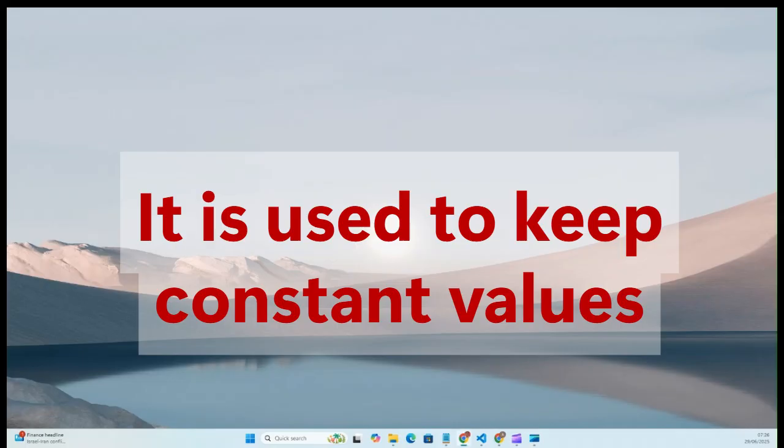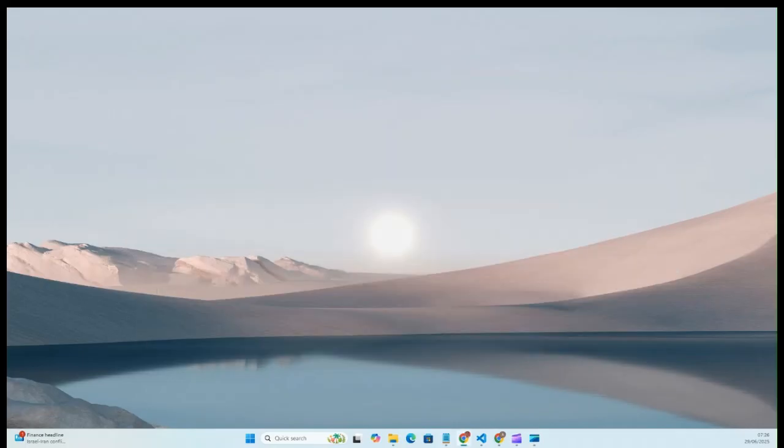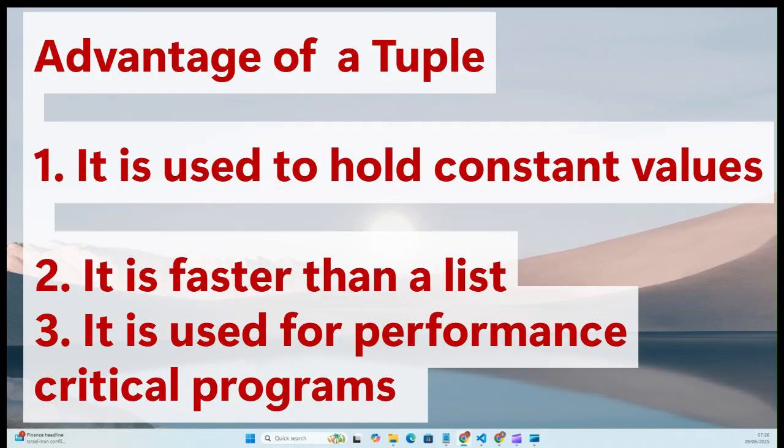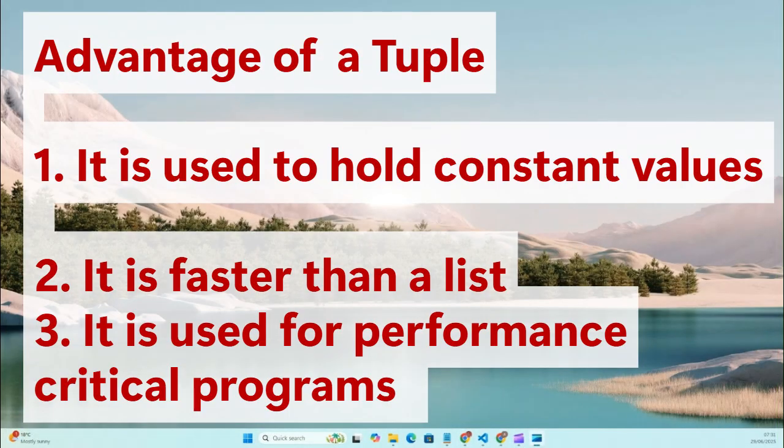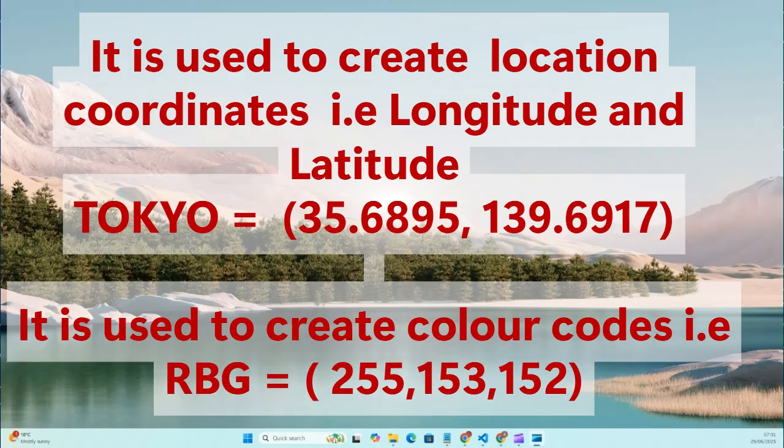But the advantage of a tuple is that it doesn't change during execution and is faster than a list. So most times it's ideal for performance critical codes. A tuple is used when you are dealing with the location of a particular place, dealing with the longitude and latitude.